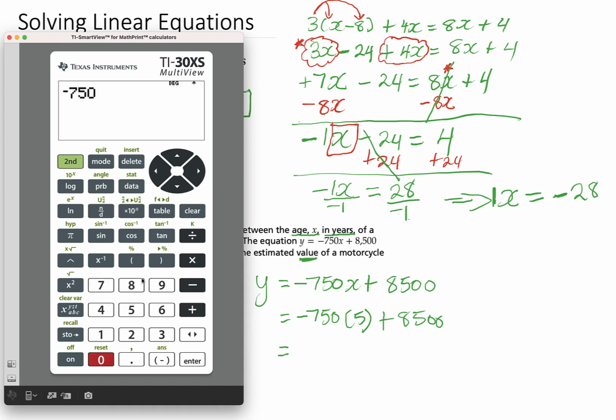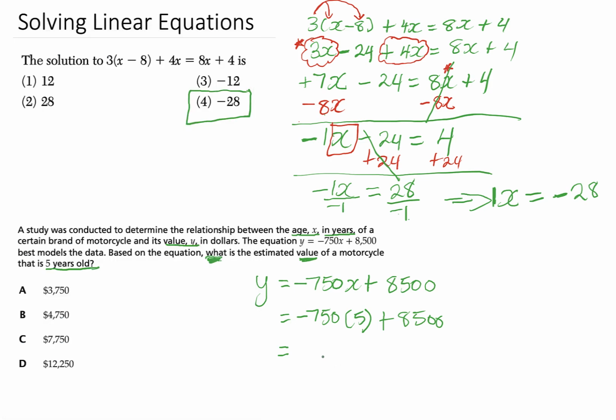So negative 750, open parentheses, put in the 5, close the parentheses. You're now going to add 8,500 and you hit enter. Your answer is 4,750. So your answer is B.